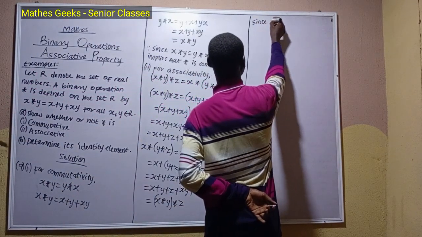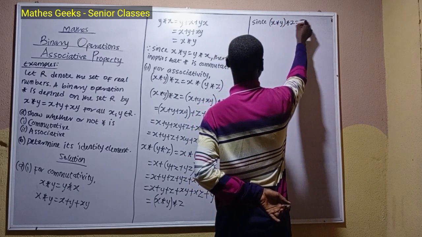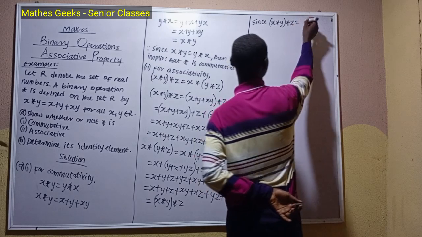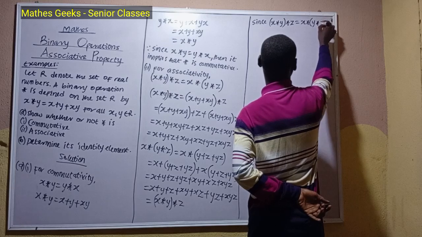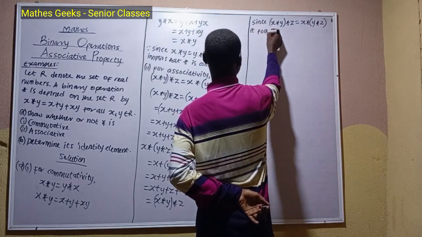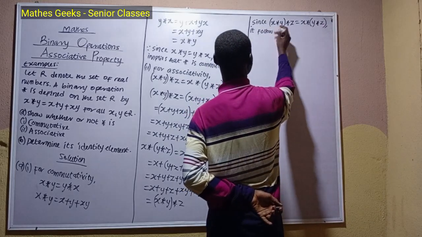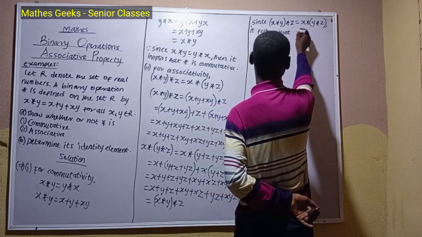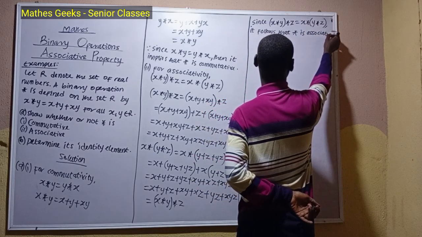Since x star y star z is equal to x star y star z, it follows that star is associative.